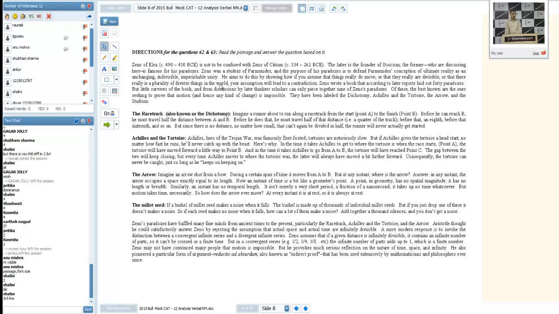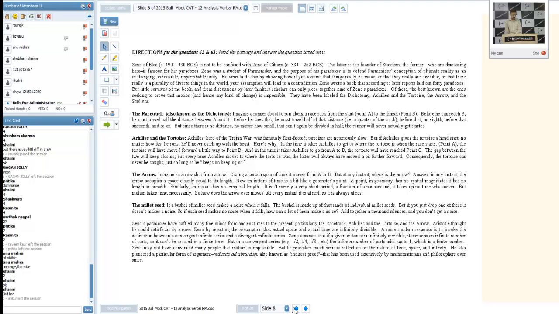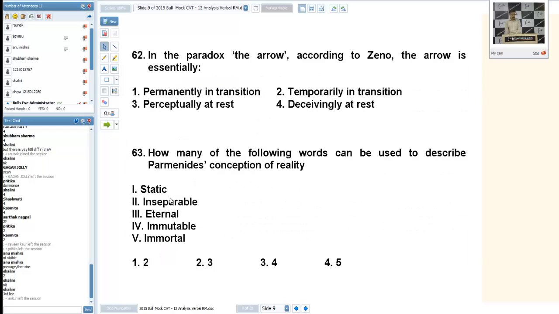So these 3 words. Therefore, static means not moving. Static is equal to immutable, not moving, not changing. Eternal means forever, immortal. Inseparable means that cannot be divided, cannot be separated. So all the 5. The answer to this is all the 5.